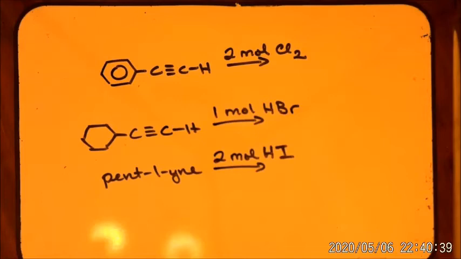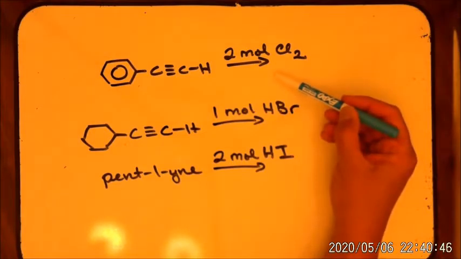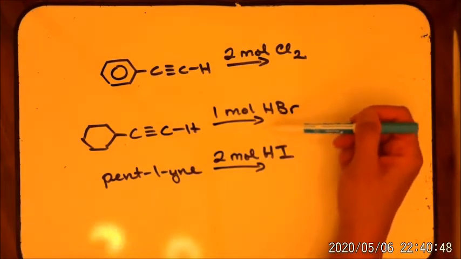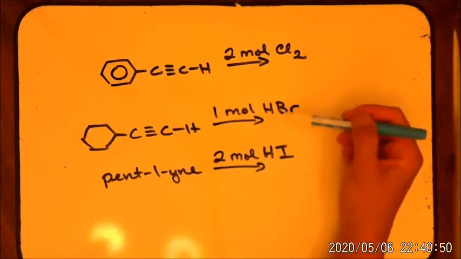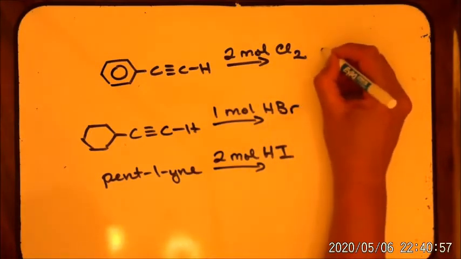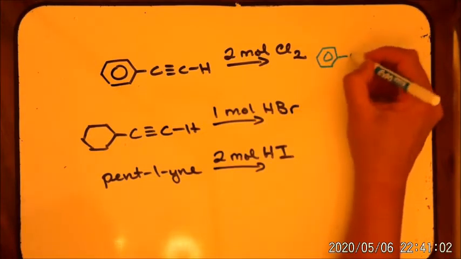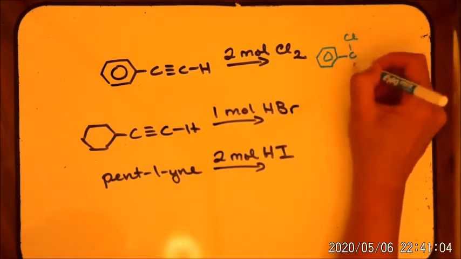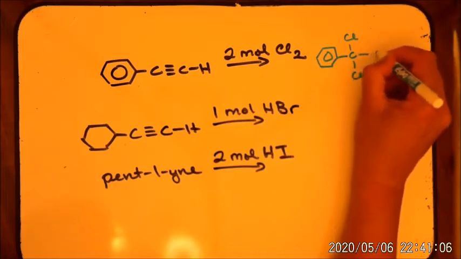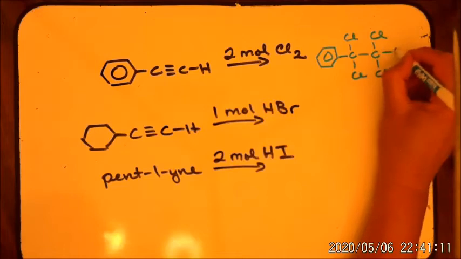Okay? So remember, we're adding a halogen across. It can only be chlorine or bromine. If we're adding HX, it's going to be HBr, HCl, or HI. So this one, because I'm adding 2 moles, the first one will add across, form a double bond, but then the second mole will add across, and I get my tetrachloride.